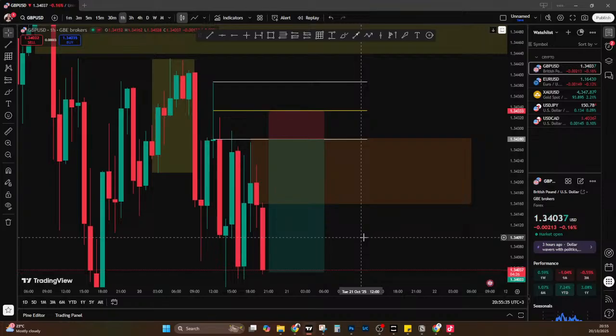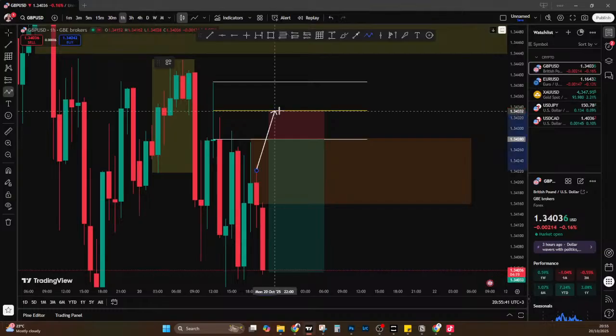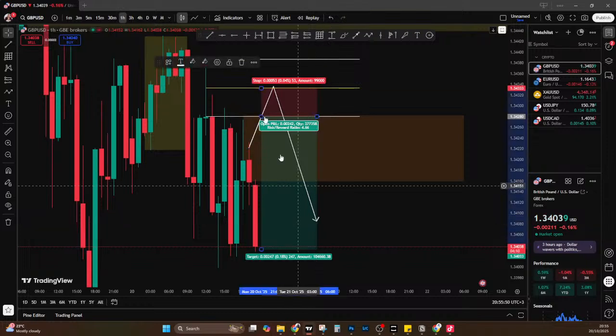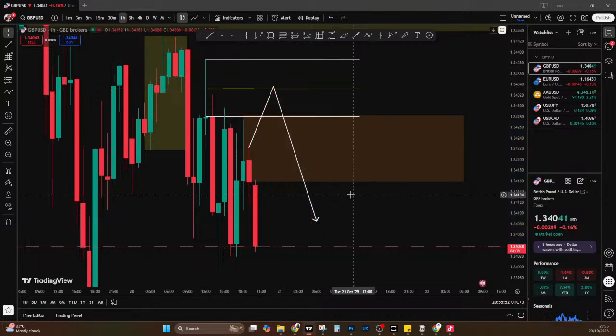So there is one more thing we know: that this market will come to the 50% of the week, sell from there, and sell I don't know how many pips. So this is what you can do as a trader.